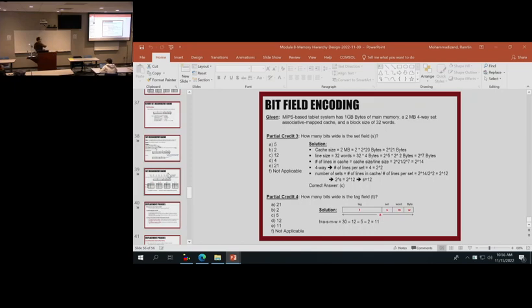So usually this is how we show the decoder, sorry. We have, for example, a 3 to 8 decoder. We have 8 lines. The way that decoder works is that when you have an input, for example, 0, 1, 0, only this bit is going to be 1, and everything else will be 0.